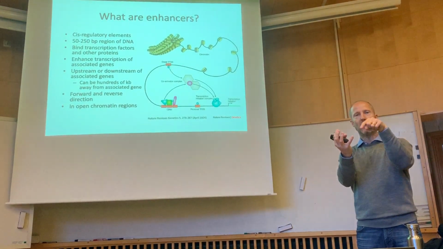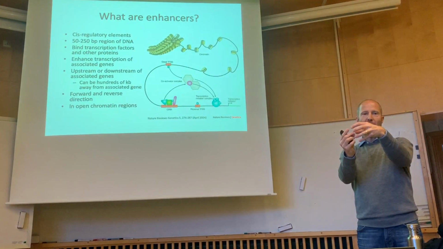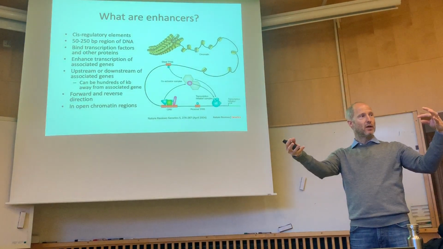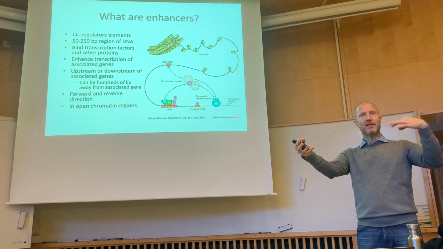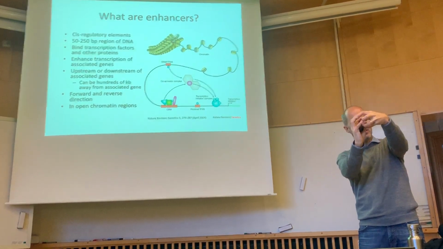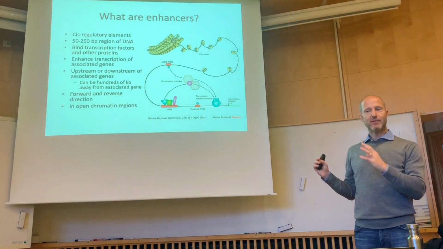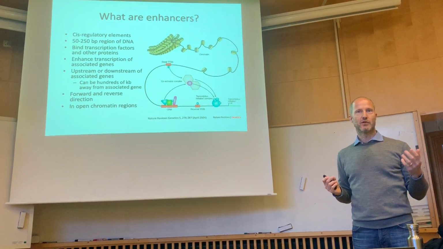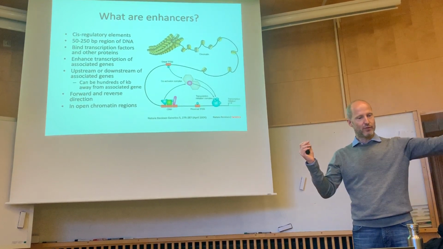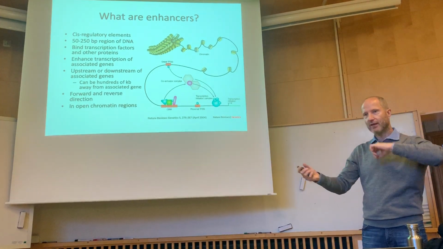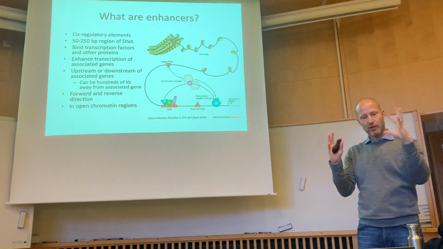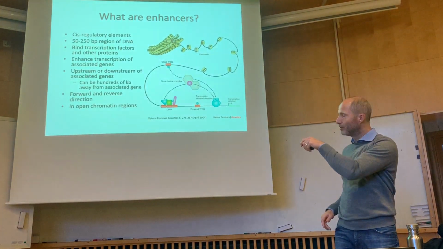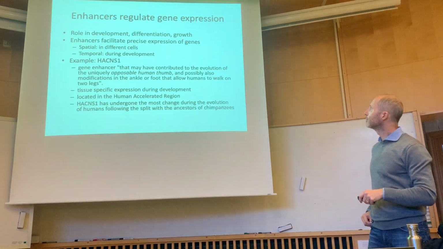So for a genome to be active, it has to be open. And if the cell wants to silence part of the genome, it can compact it. This is done by histone modifiers, which are enzymes or proteins that modify histone state and open and close chromatin. So all of this has to happen in open chromatin regions. That's very important.